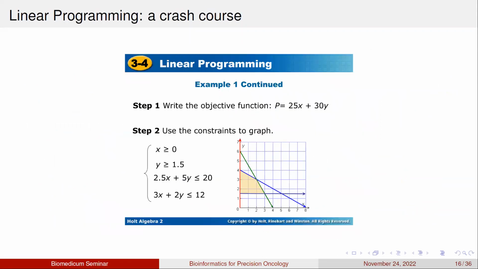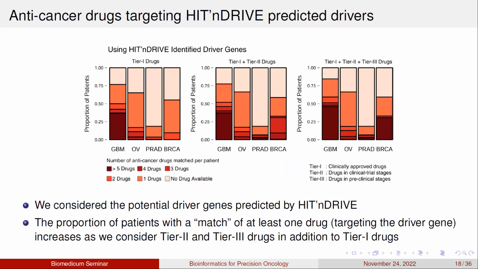After building this algorithm, we applied it to multiple different cancer data sets that are publicly available. For our analysis, we used 4 different cancer types: glioblastoma, which is brain cancer, ovarian, prostate, and breast cancer.